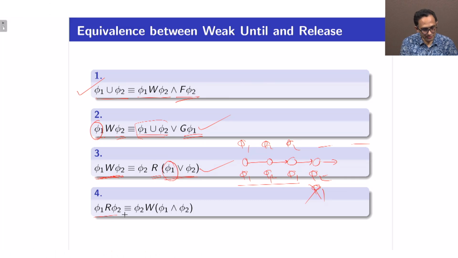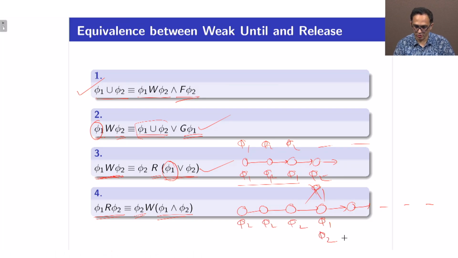Similarly phi 1 releases phi 2 means phi 2 weak until phi 1 and phi 2. Let us understand this, because if you remember in release both have to hold in some state. So I am saying phi 1 releases phi 2, so that means phi 2, phi 2, phi 2 holds, and then in this state phi 1 and phi 2 both hold.